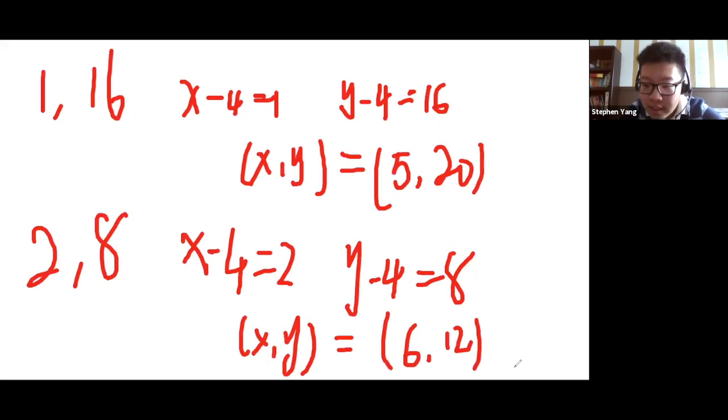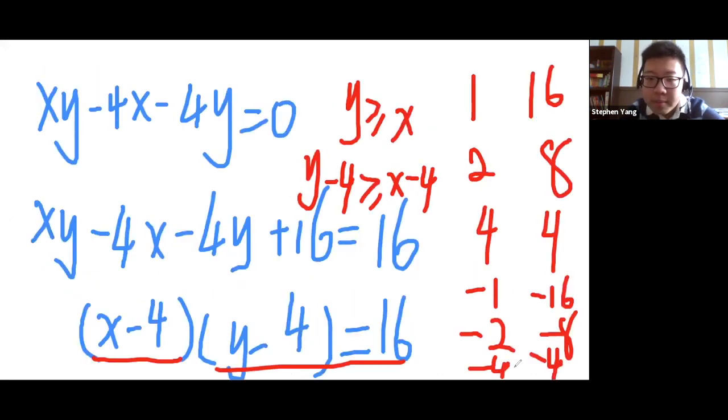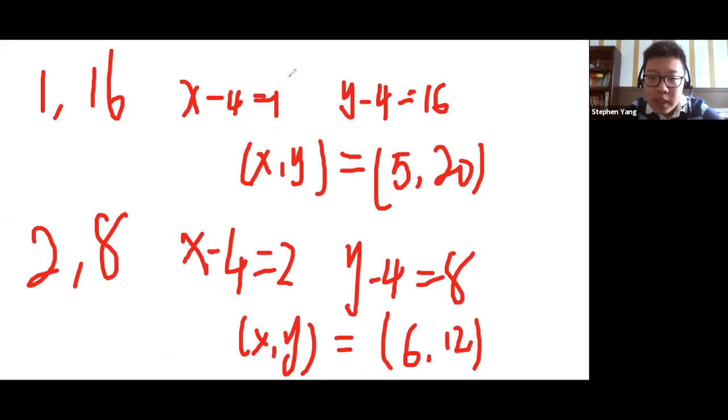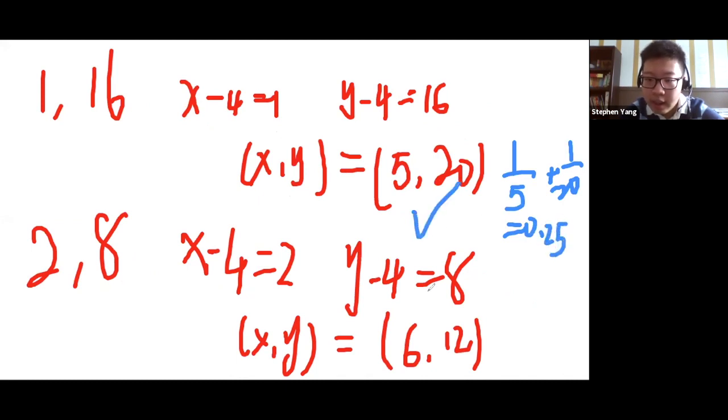Okay, now let's start checking. In this case, it will be 1/5 plus 1/20, and if you calculate it, that equals 0.25, which satisfies, so this case is correct. The next case will be 1/6 plus 1/12, and if you add them, you'll get 0.25, which means this is also correct.